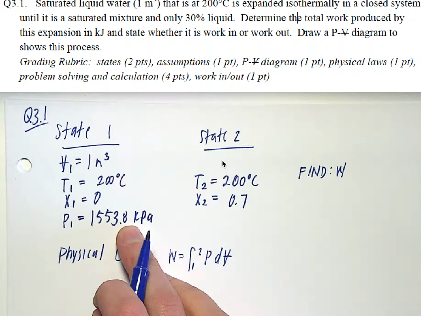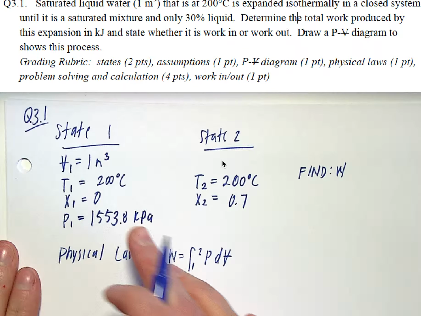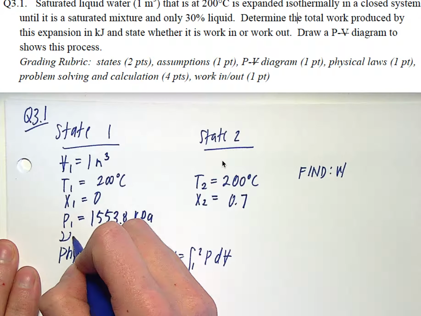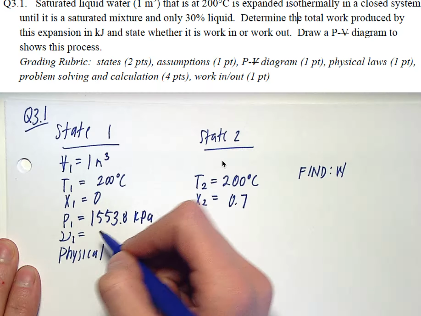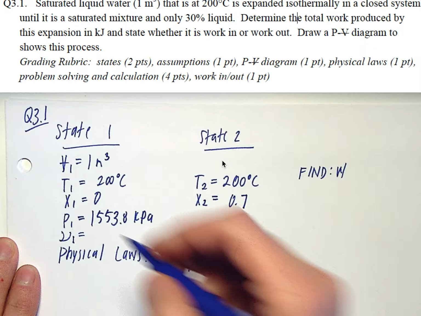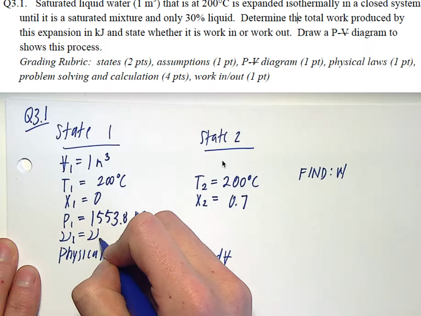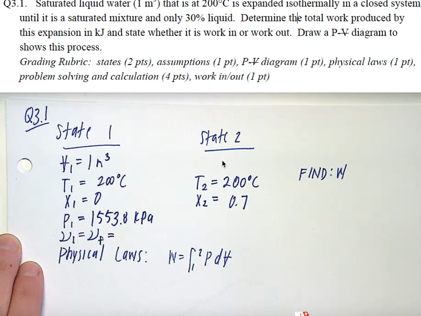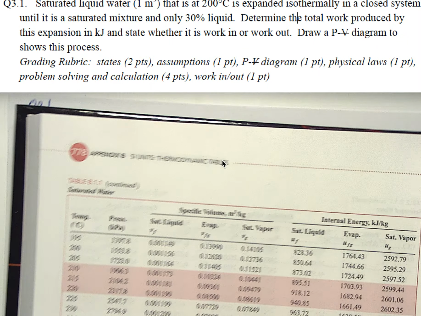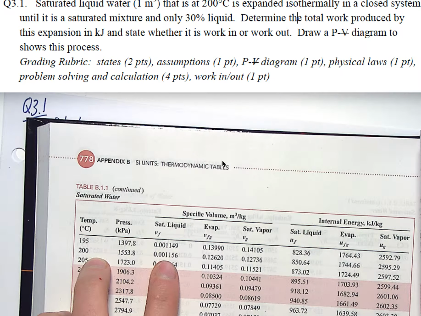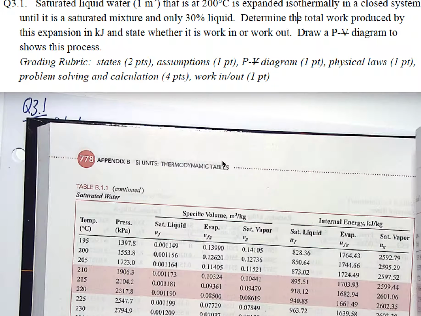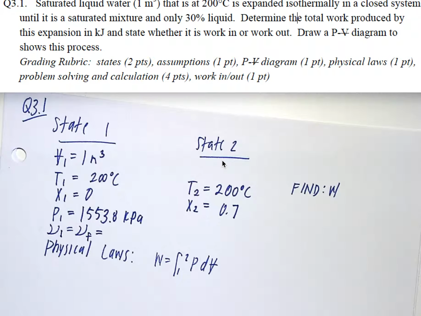And we know we'll need volume information, so we'll jot down the specific volume as well. So the specific volume is going to be equal to the specific volume of 100% liquid at 200 degrees C. So we're going to go to the tables again and just look up the v_f value for 200 degrees C, and we'll get 0.001156.